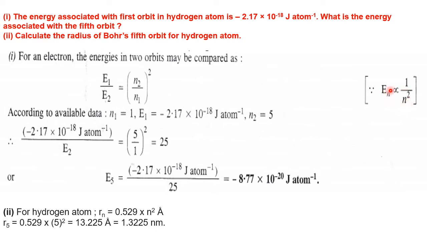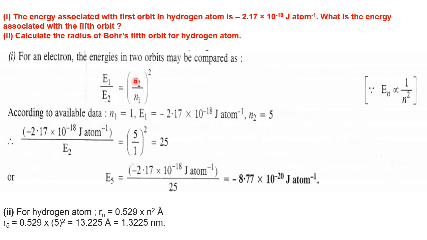So E1 by E2 equal to N2 by N1 whole square. Now, what is N1 here? N1 is the lower energy level, which is 1. And what is N2? Higher energy level, 5.